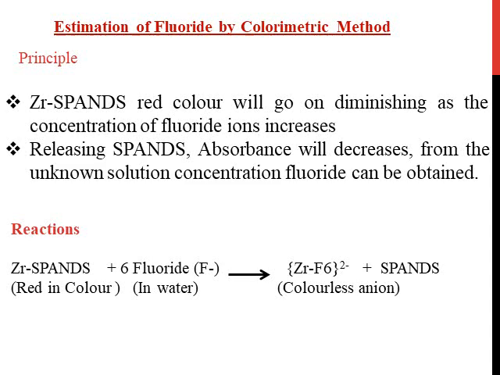As the fluoride concentration increases, it reacts with more and more zirconium SPADNS reagent, decreasing the color of zirconium SPADNS and forming a colorless anion of zirconium F6 2 minus and releasing SPADNS into the solution. Now this is the reaction which is taking place in the estimation of fluoride by colorimetric method.